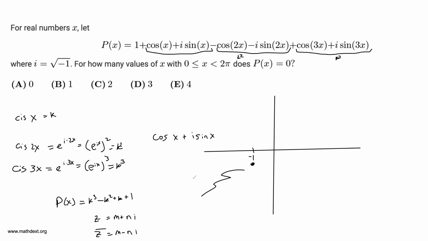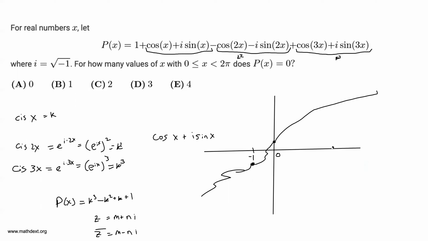And you can also see on the other side, if p of x is greater than 0, then either k cubed or k is going to be greater than k squared, which effectively means that when p of x is equal to 0, k is equal to 1, and above that, k is positive. And between -1 and 0, the graph would cross the x-axis one time.